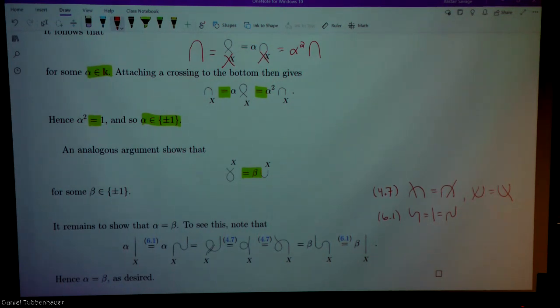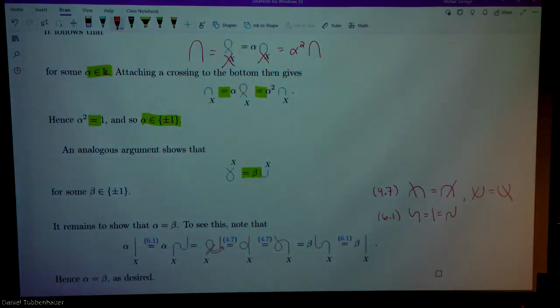We take this strand here and we slide it over the cup, which we know we can do in a rigid symmetric monoidal category. So now it's moved to here. And then we do a similar thing. We take this strand and we slide it over this cap, and now it ends up over here.